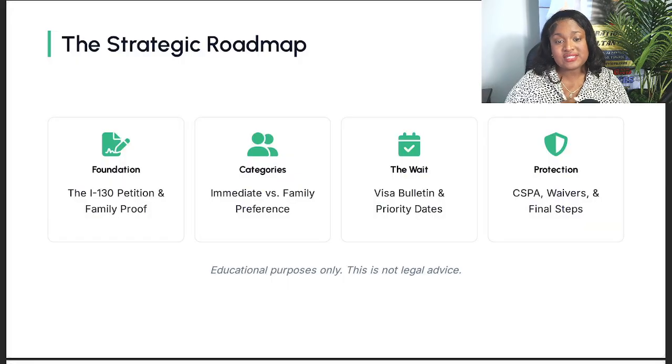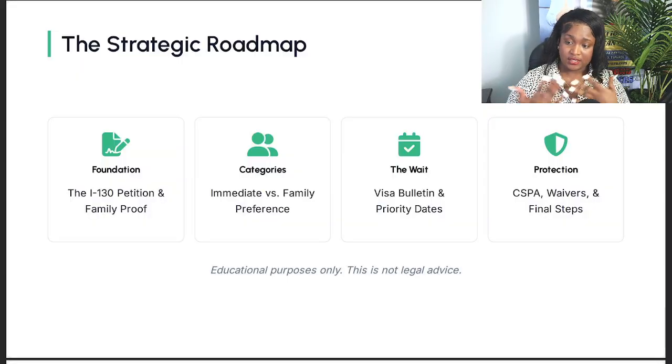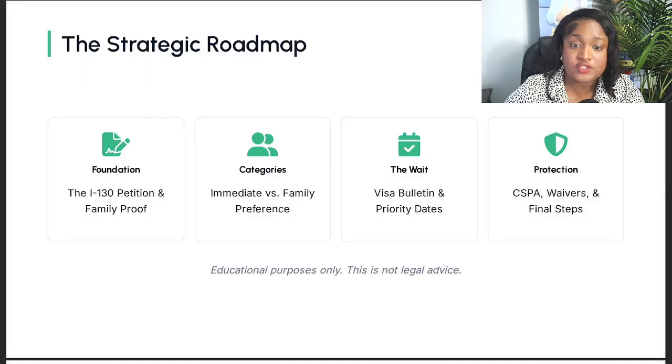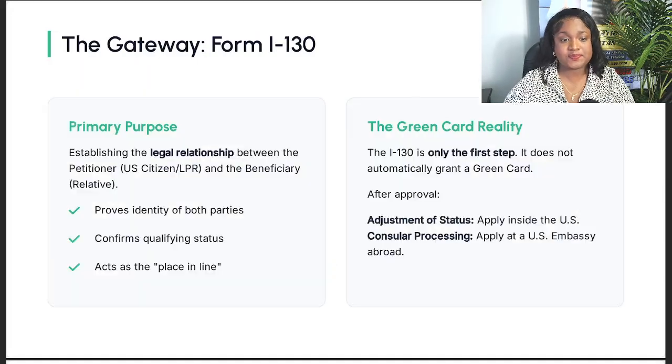The I-130 is the base, where you establish the relationship. We're going to go over immediate relative and family preference, the waiting list, who has to wait and who doesn't. And we're going to have the protection, which is CSPA, the waiver, and the final steps. So let's get into it.